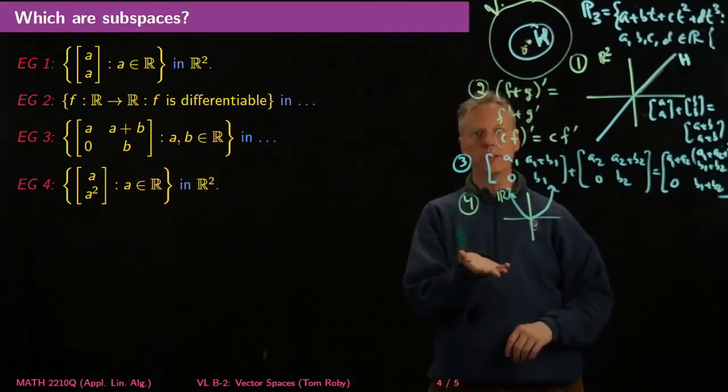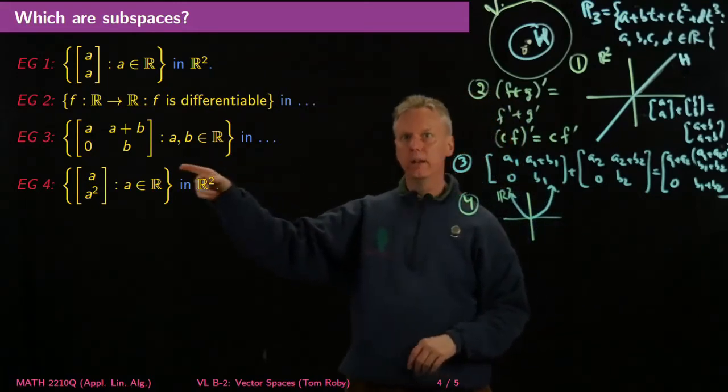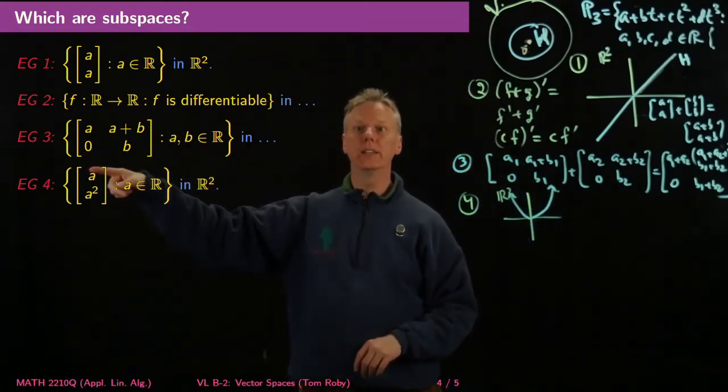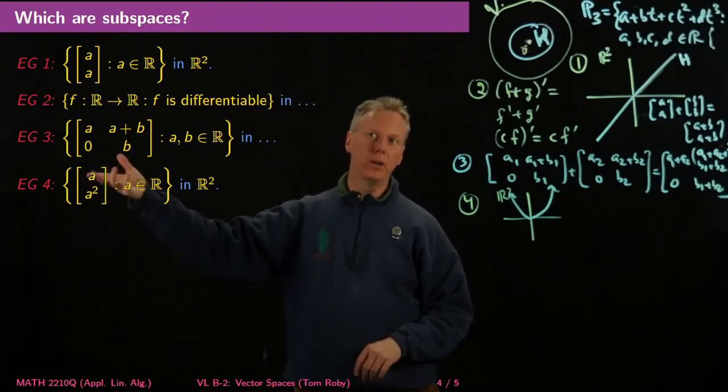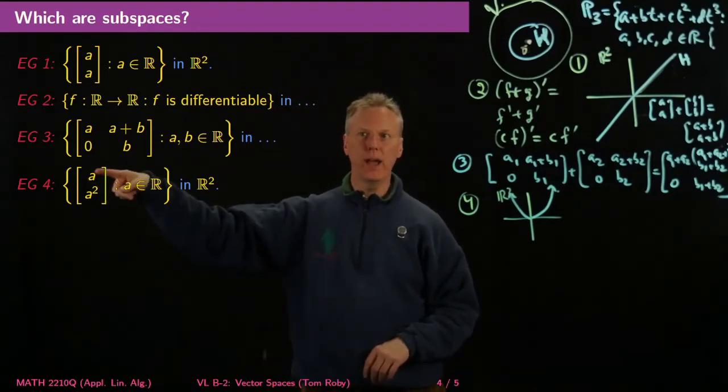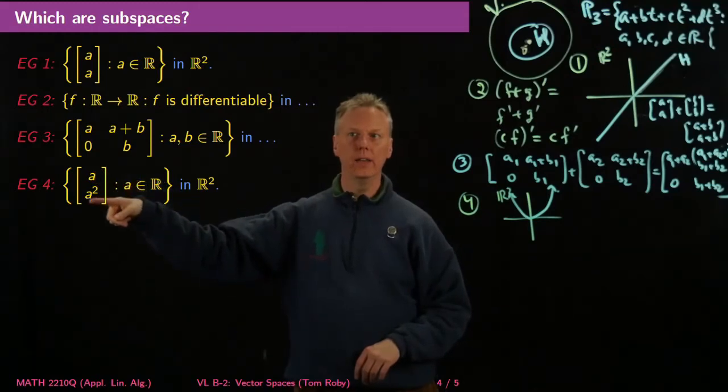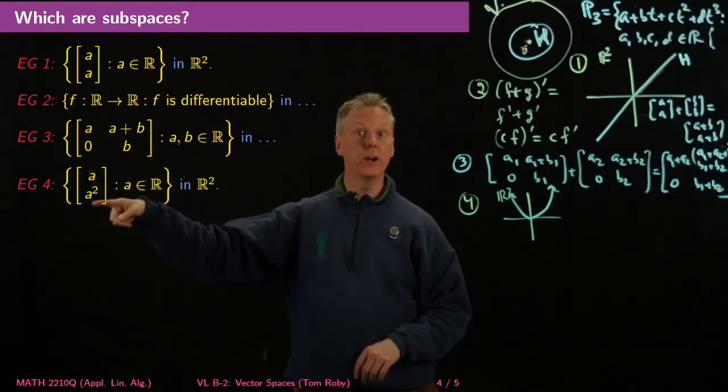Now, you want to check scalar multiplication, right? If I multiply by c, then I get (ca, c times a squared). But that probably, even just 2, right? If I have 2a here, then what should go here is the square of 2a, which is 4a squared, not 2a squared.